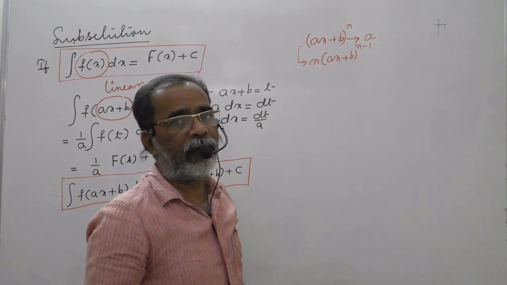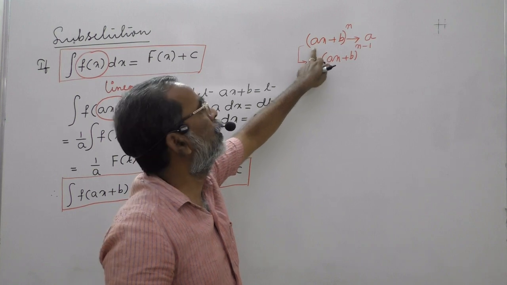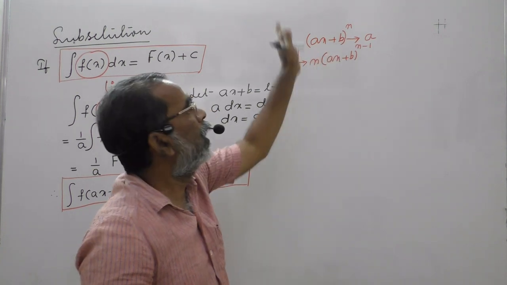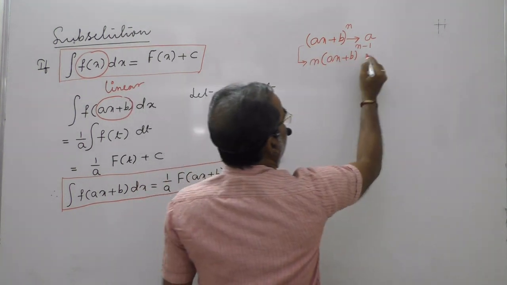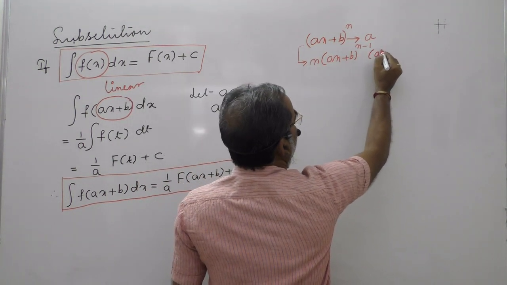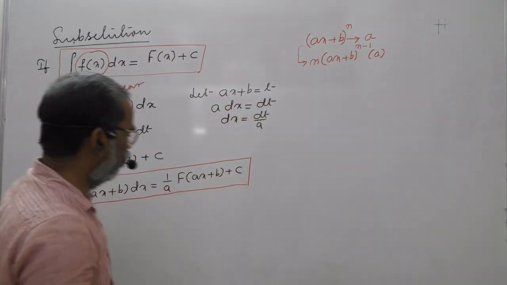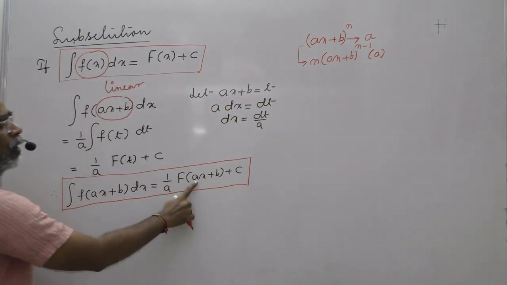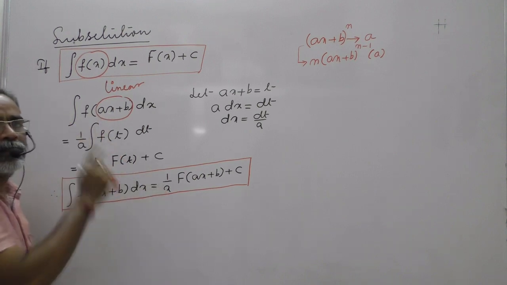This is the derivative. But in place of x, it is not there; some other thing is there. Again, I have to multiply this by its derivative. In differentiation, we multiply with the derivative. But here, you are supposed to divide with the derivative of this.